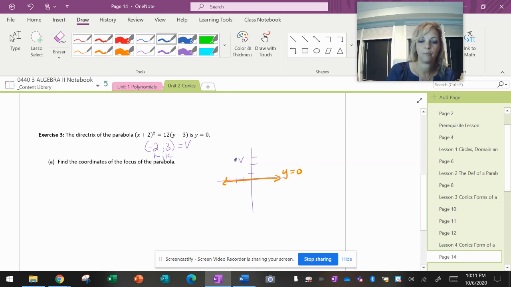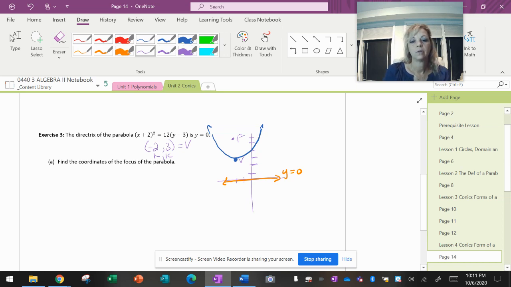If I have a point here, and y equals 0 is my directrix, that means it's going to open like that. So I've got a difference of 1, 2, 3. That means 4, 5, and 6 is going to bring me up to the focus.